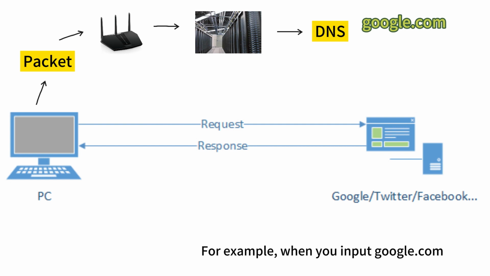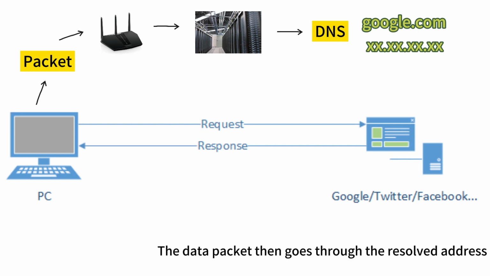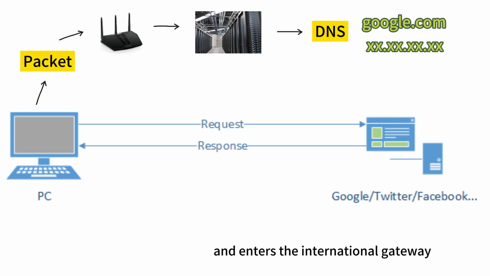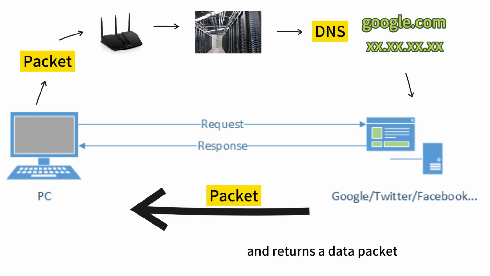For example, when you input google.com, DNS resolves it into a real server address such as this. The data packet then goes through the resolved address and enters the international gateway before finally reaching the corresponding server. The server processes your data and returns a data packet, which is then sent back to your computer. This is the communication process of a data packet in the absence of GFW.